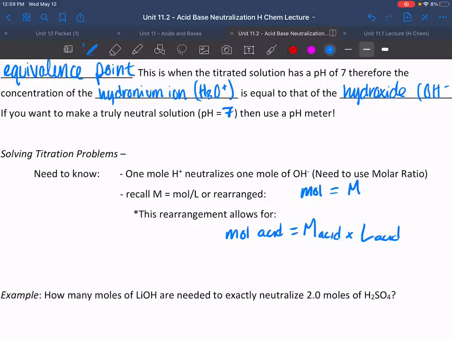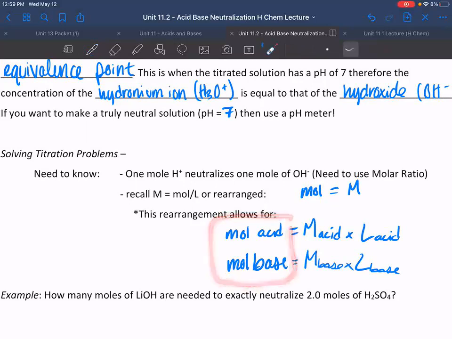You can do the same exact thing for the base, where moles of our base is equal to the concentration of base times liters of the base. And so ideally, we want to get these things equal to each other because we know it is neutralized.